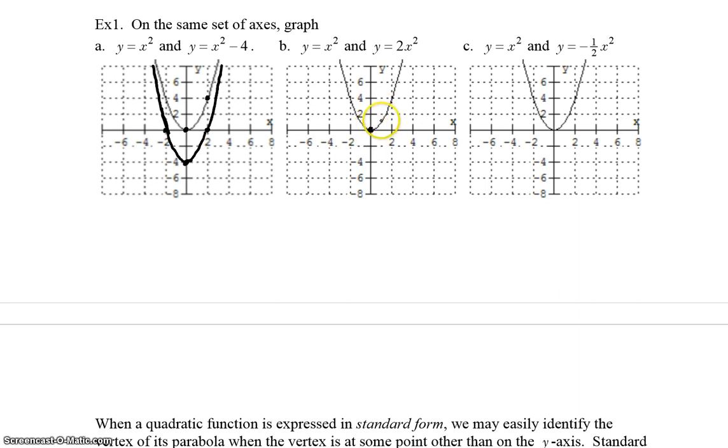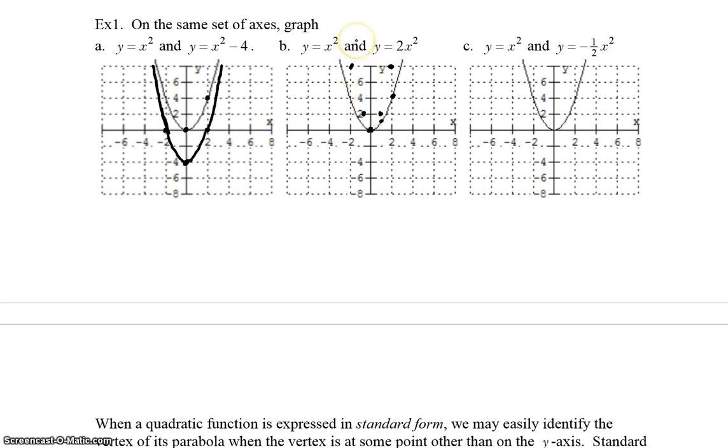What about the point at 1, 1, right here? Well, now that would be at 1, 2. You would double the y value. What about the point at 2, 4? Well, now that would move to 2, 8, again doubling the y value. And then similarly for points on the left-hand side of the y-axis, we would see the same sort of thing occur.